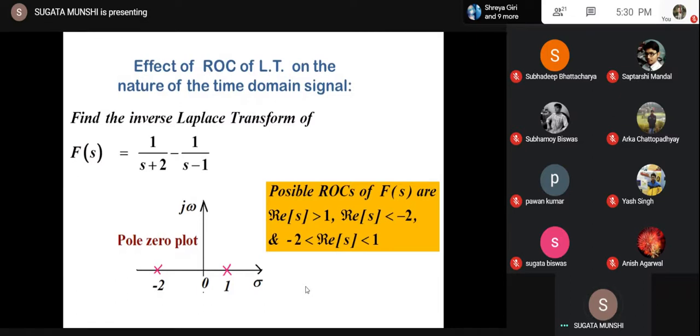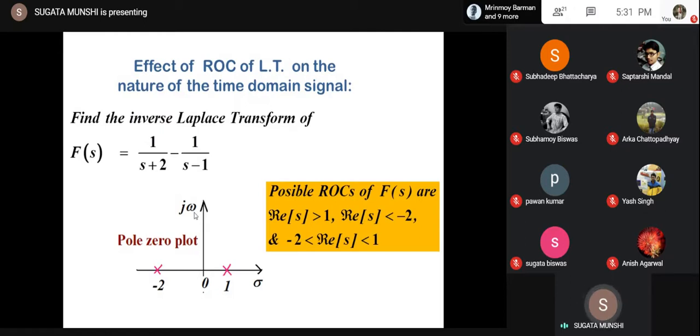But from the given expression, if you are able to locate where the poles lie, then you can easily identify all the possible ROCs of Fs. Here I have given you the pole zero plot. Basically, it's a pole plot because zero is not there.